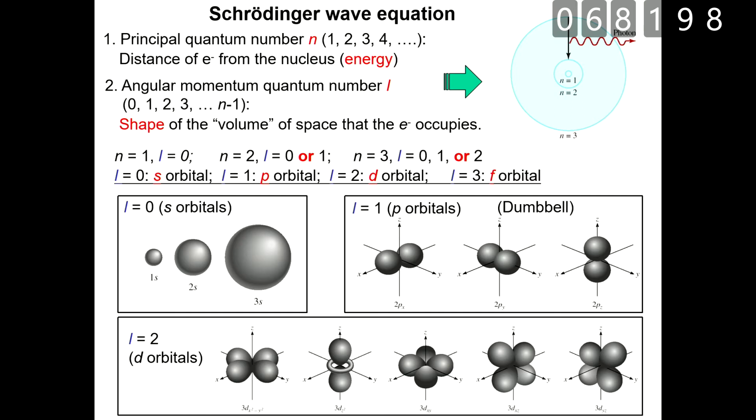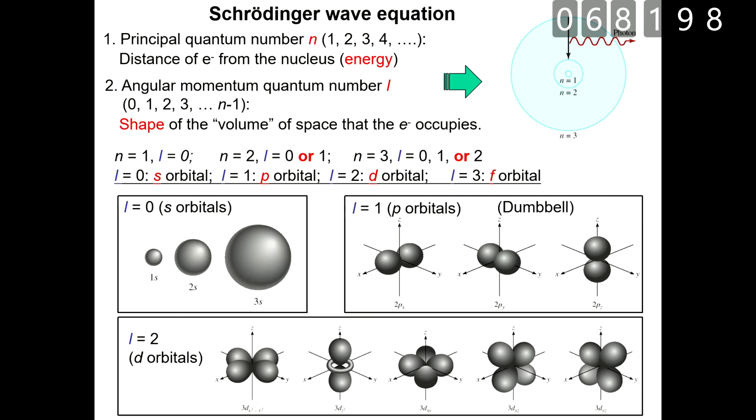So n basically means the distance of electrons from the nucleus. It also means their energy, because their energy can be determined using the n number, and I will introduce how to determine their energy later. But here you just need to know that n means two things: first is the distance, another is energy. This is what we need to know about the n number.